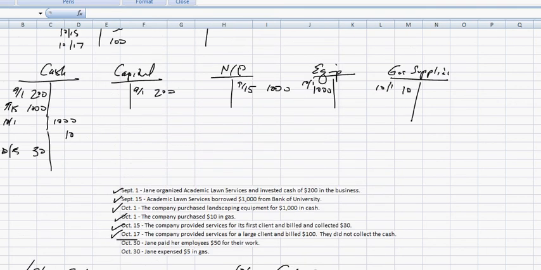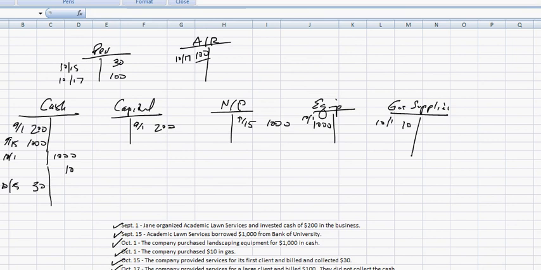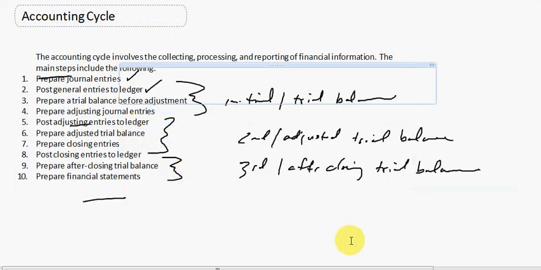Okay, so this is our ledger. Now if we look back here at our steps, what we're going to do is prepare a trial balance before adjustment.